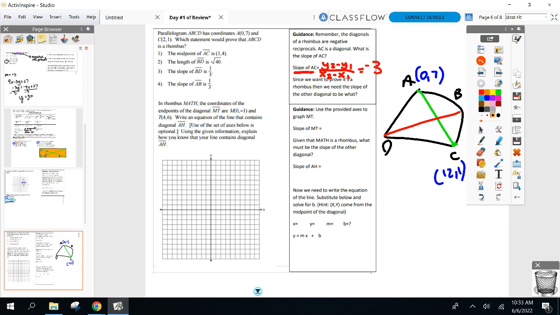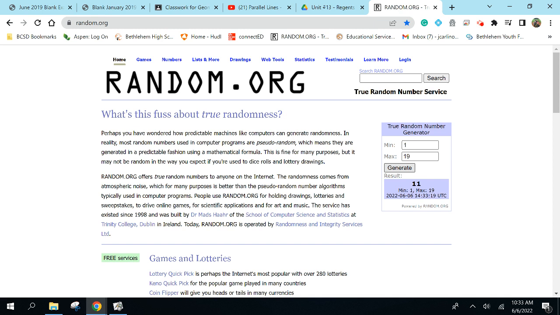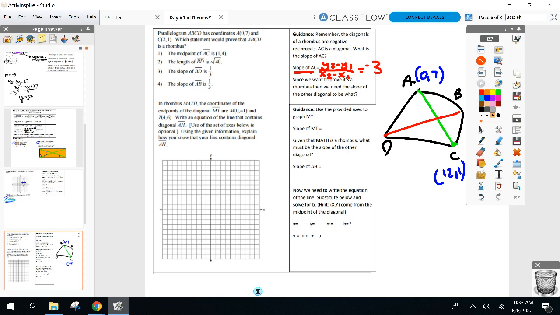So if AC's got a slope of -3, DB has to have a slope of the negative reciprocal, if they're going to be perpendicular. Positive 1/3. So diagonal BD has to be 1/3 if it's going to be a rhombus. Good work.